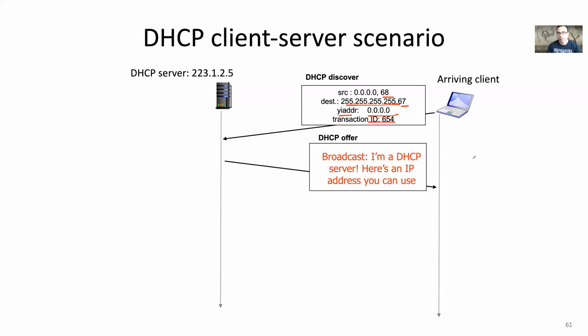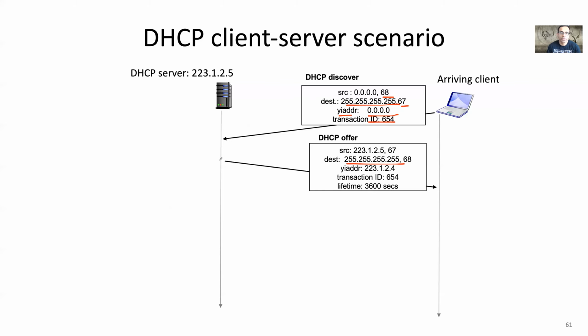The server, when it listens to this, will shout back saying, hey, I'm a DHCP server. Here's an IP address that you may use, right? Now notice here, the destination address is still broadcast, because this client has not yet got an IP address.